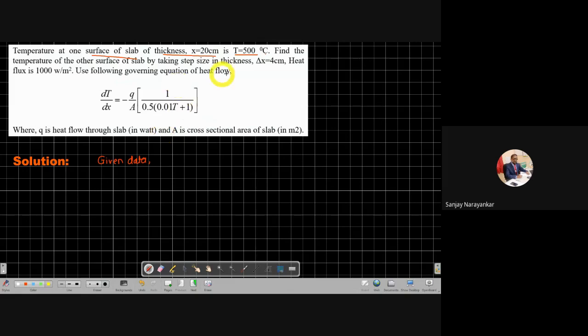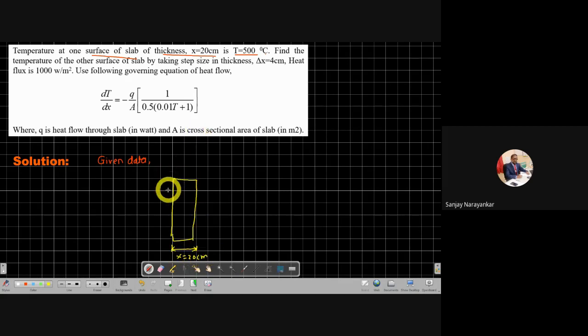Okay. I was talking about, see, the temperature at one surface of a slab. So we have a slab here. Let us consider this is the slab, of thickness 20 centimeters. X is equal to 20 centimeters.